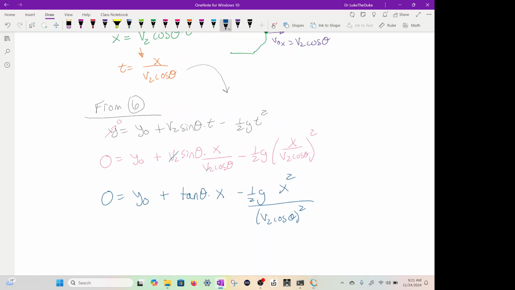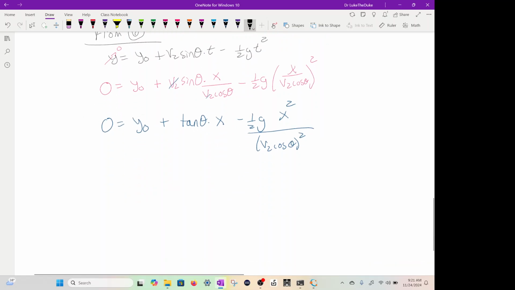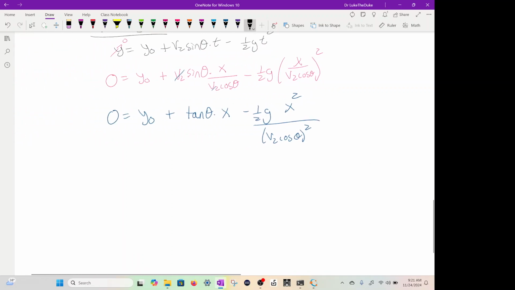All right, now let's plug in v2. That was from Bernoulli's. And let me put x in front. Minus 1/2, and let me rearrange this.